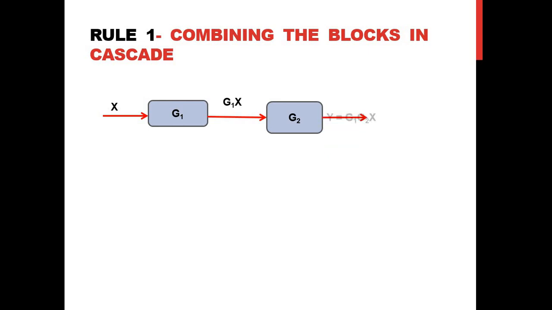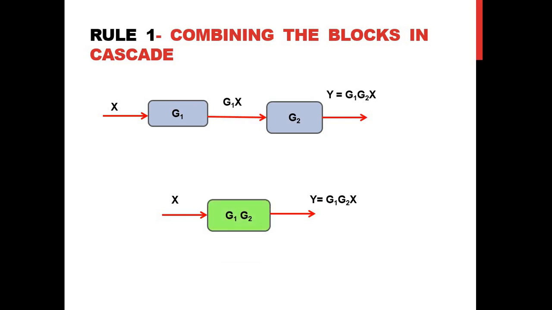So the output will be Y, whose value will be equal to G1 into G2 into X. Now we can see here we have two blocks in cascade combination. My input is X, and the output I need is Y equal to G1 into G2 into X. So I have to insert only one block between this input and output. The value of that block should of course be G1 into G2.